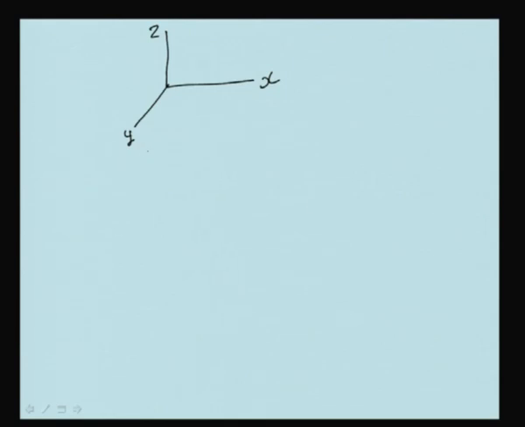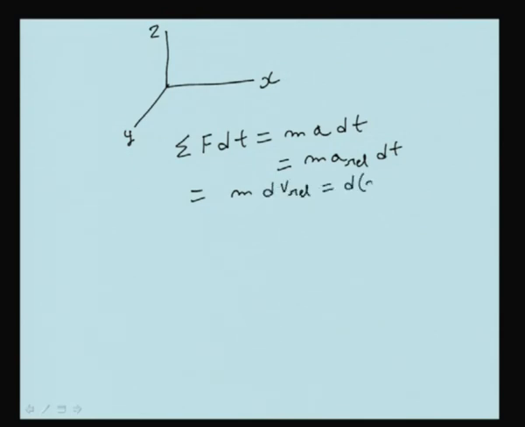sigma, and if it is moving with a constant velocity, then sigma F dt will be m absolute acceleration times dt, and since it is moving with a constant velocity, therefore this will be m A rel dt, which will be equal to m dV rel.